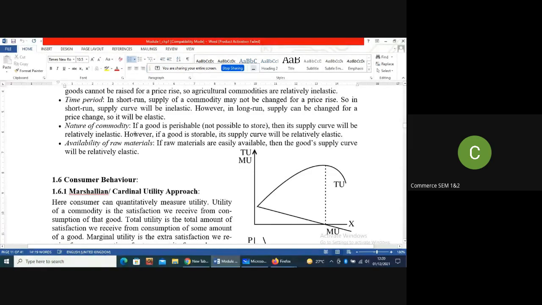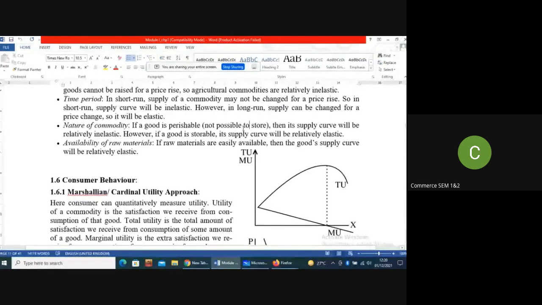Similarly, nature of commodities, if the commodity is perishable, that means we cannot store commodities like fruits or flowers, the supply curve will be relatively inelastic. However, if the commodities can be stored like potatoes or onions, supply curve will be relatively elastic.